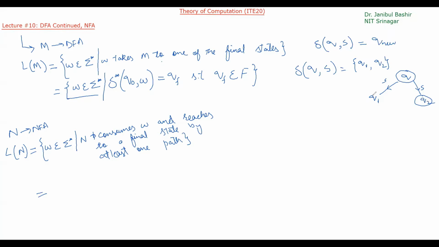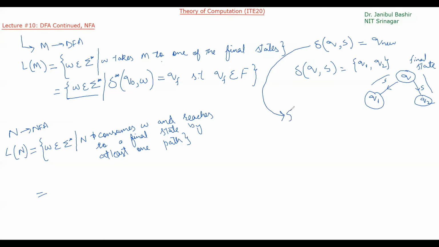And we said that if one of these choices leads to a final state, then we say that it accepts the string. However, if it does not lead to a final state, then we say it does not accept the string. So let's see for a DFA.